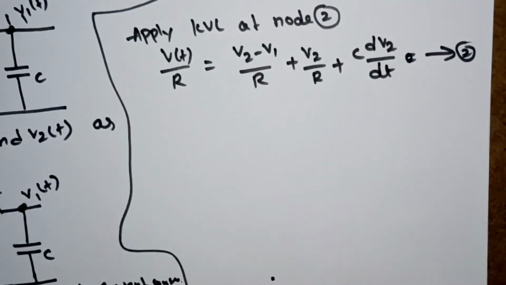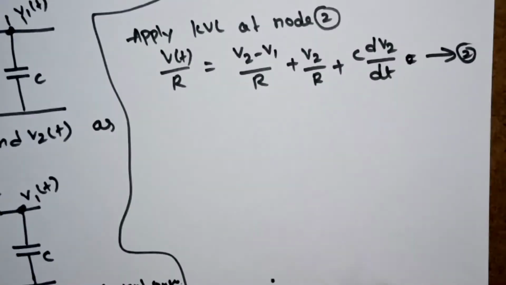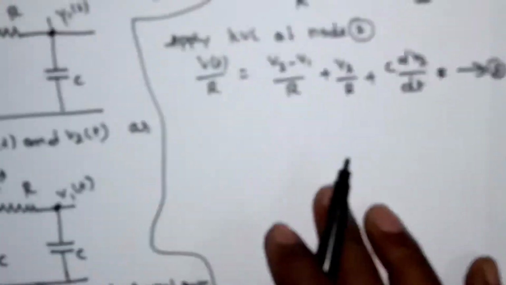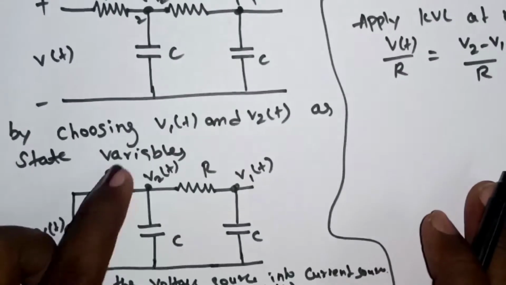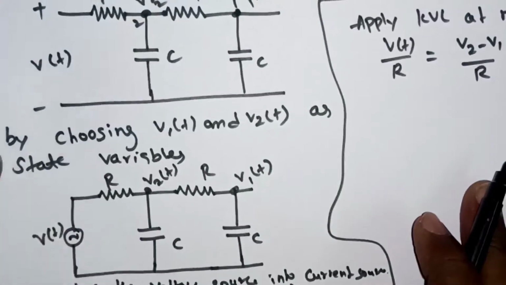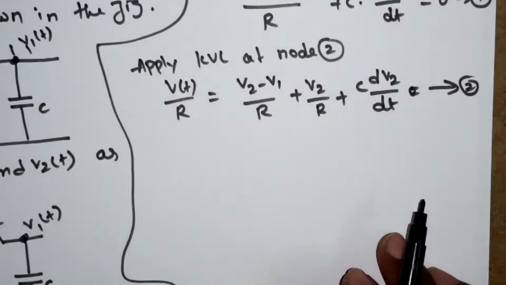Now, we know that we are going to convert this into state variables. In the problem it is clearly given that by choosing v1(t) and v2(t) as state variables.